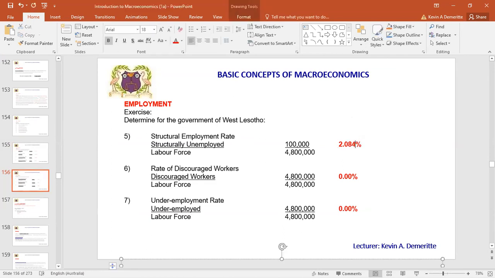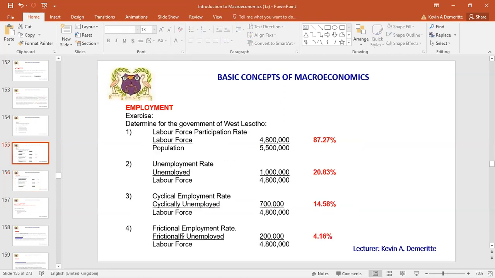Okay, so, all right, fine. Frictional unemployment rate, 0.0416, what? Which one are we doing? The number 200,000. 200,000 divided by 4.8 million, I get 0.0416.